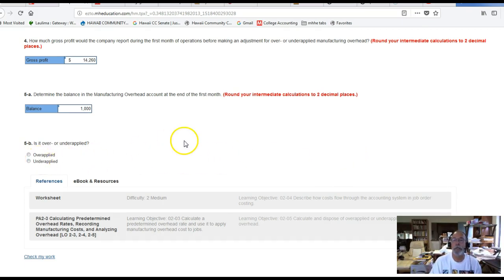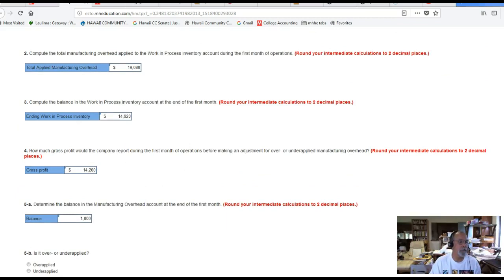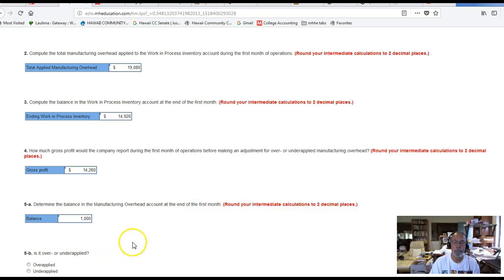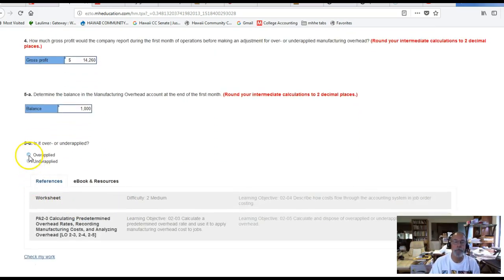And so, as we showed on the Excel spreadsheet, that's over applied, and so the answer to the last part of the question is over applied.